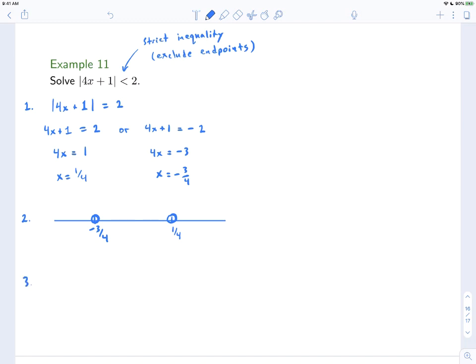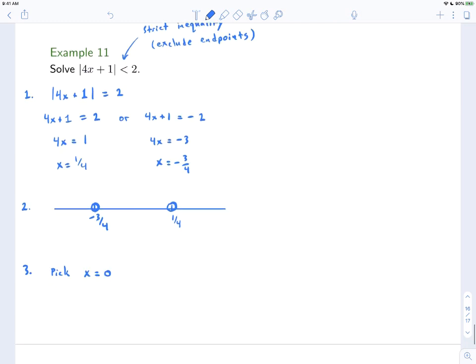So step 3 is to check the intervals. So let's pick the one in the middle. It's always convenient to pick x equals 0 if you can. Here I have a negative number and here a positive number, so this interval in the middle has 0. So it's very convenient to just pick x equals 0.